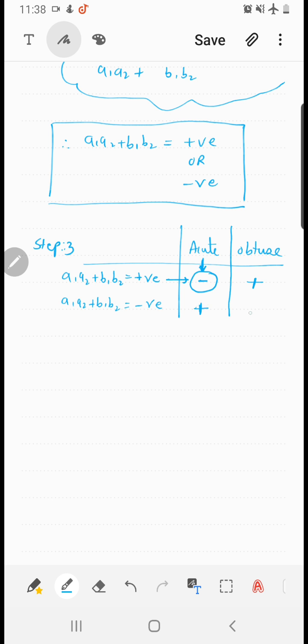And if this is positive, sign next to it will be negative. Okay, so using the above table, we will select the sign.